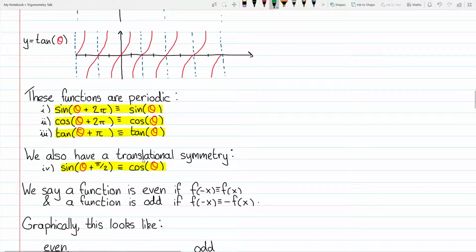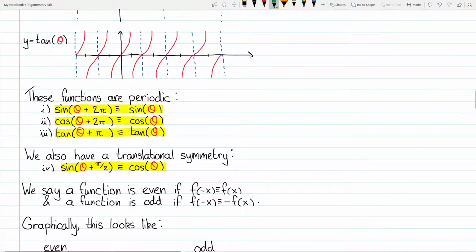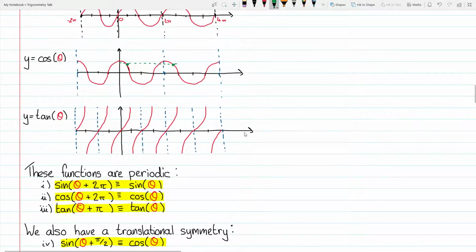We also have a translation symmetry. So what this is saying is that if we take sine and we shift it pi over 2 units to the left, remember if you add something to the argument, that translates the function to the left.